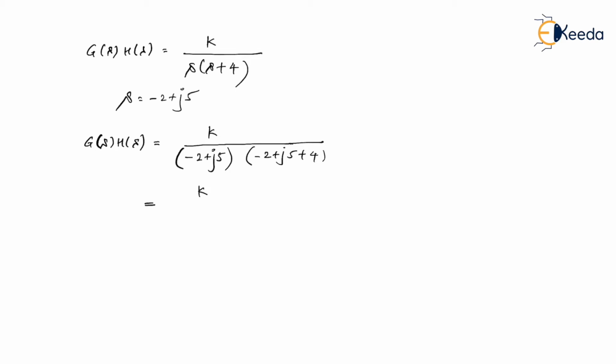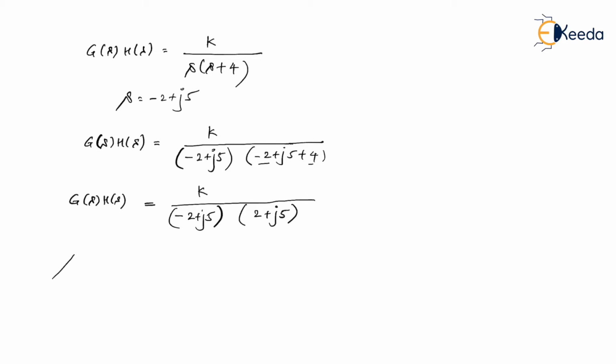So K upon (minus 2 plus j5), let me keep it as it is, and 4 minus 2 will be positive 2, so it is (2 plus j5). Okay, so this is the final G(s)H(s) that I have.